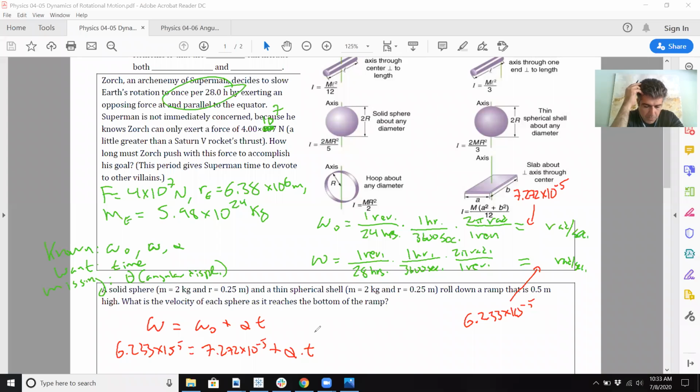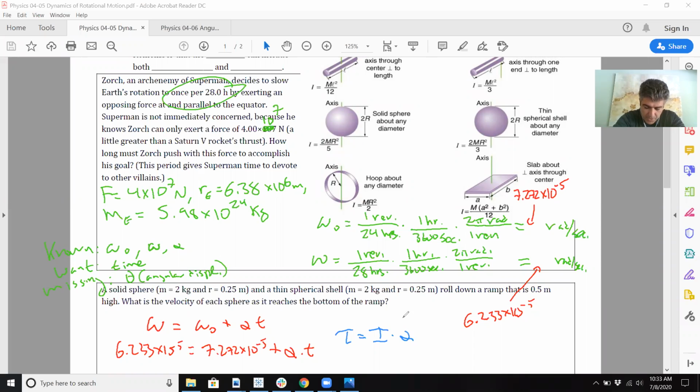Now, remember, torque equals your moment of inertia times alpha.